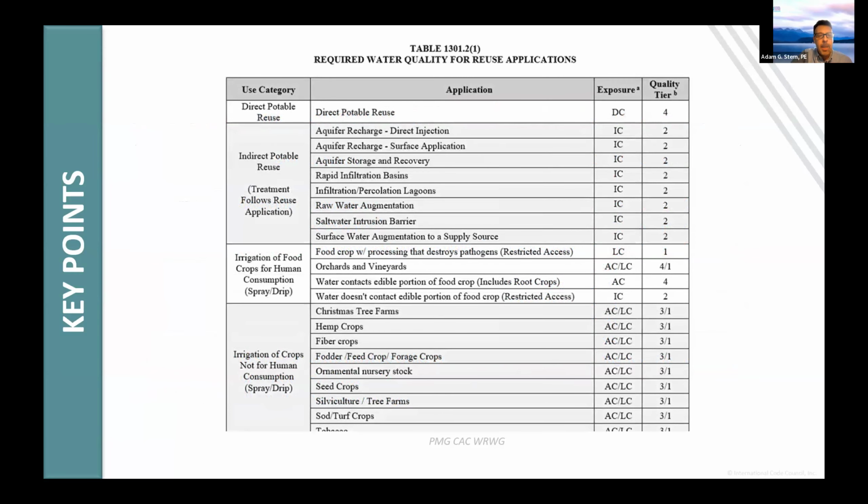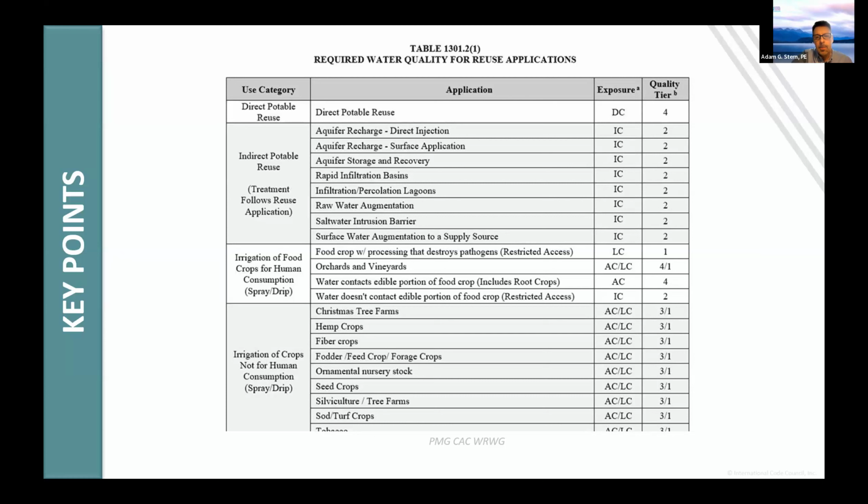This is several pages. And the idea here was, if you look at the large middle column, to identify probably about 100 different types of applications for reuse. On the left, we then categorized them. We've got everything from irrigation to washdown water to indirect potable and so on.